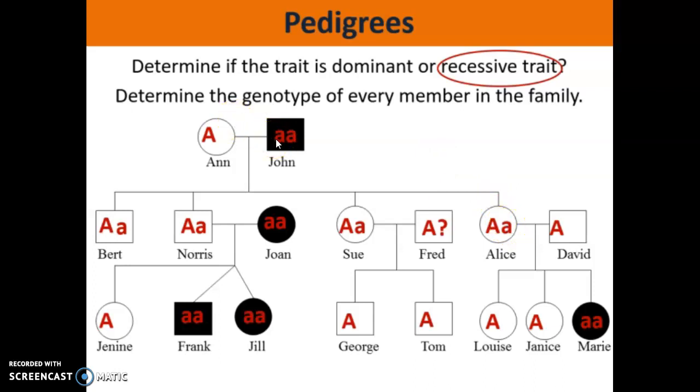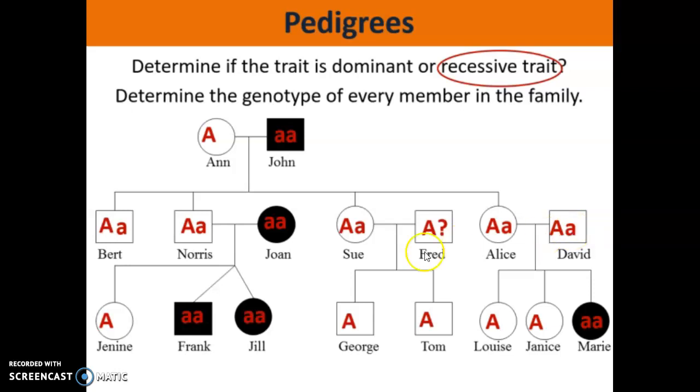David, like Fred, married into this family. However, even though we don't know David's parents, we can look at his children. Because Marie has two little a's, Marie must have gotten one little a from Alice, and the second little a must come from David. So David has to be big A, little a.